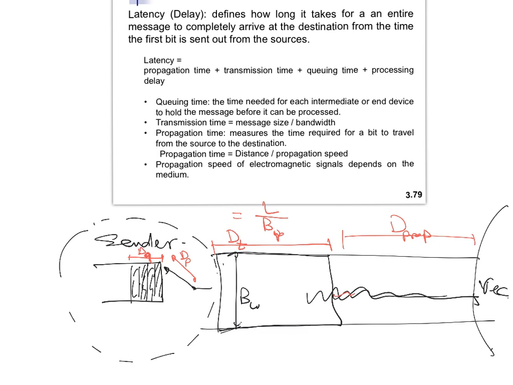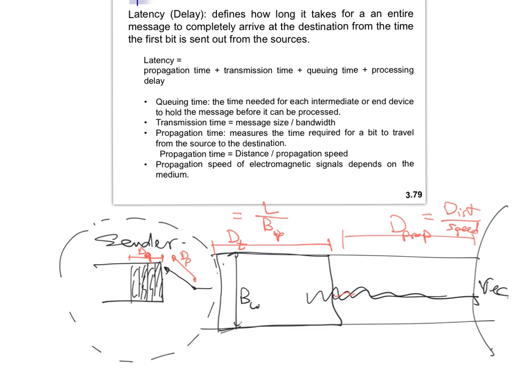Propagation delay is the time that the signal takes to travel from the beginning of the line until it reaches the end of the line, which is the distance divided by speed. Time is the distance divided by the speed.